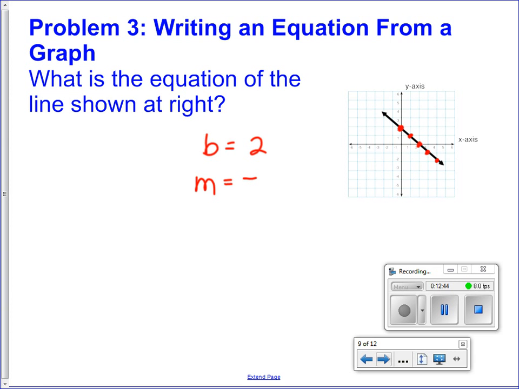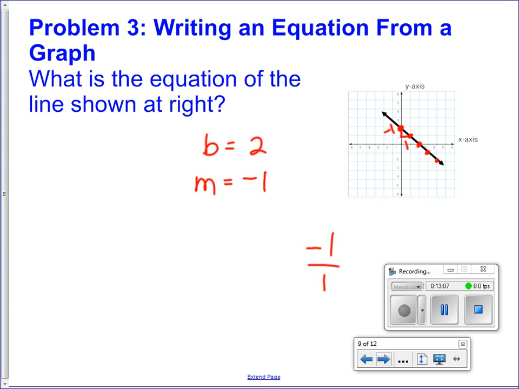My slope, my rise, I'm going to go from the top point to the next point, would be down 1, which is -1, and to the right 1, which would be a +1. So what I have is -1 over +1, and that is simply equal to -1.